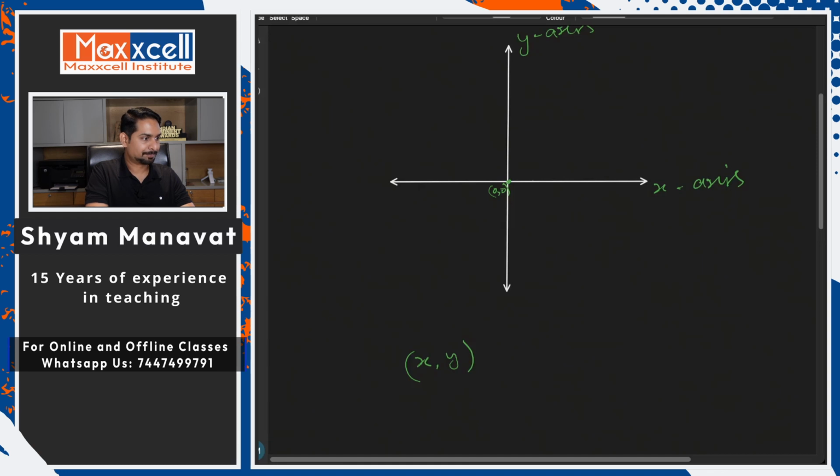Let me divide these axes in equal intervals. So the right hand side of the origin is positive. So it is 1, 2, 3, 4, 5 positive numbers.